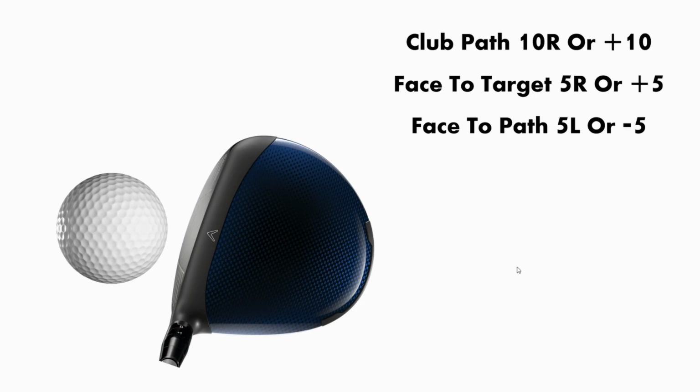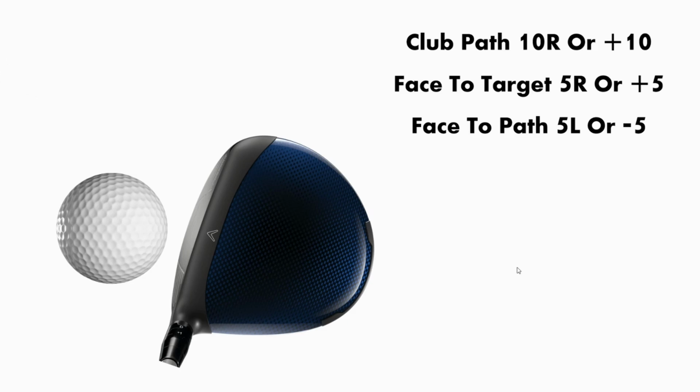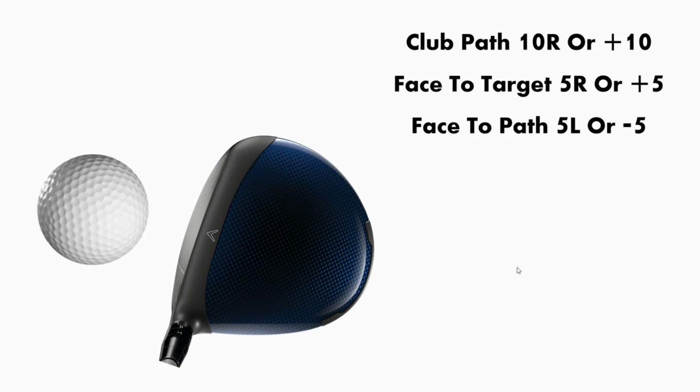And like I said, the face to path becomes a negative number or a left number because the face isn't as far right as your club path. So let's take a look at what the ball does when it leaves the face in this instance. Its spin axis is off to the right, as well as its start line is off to the right. So this exact shot would be called, I guess, a push fade or a push slice.